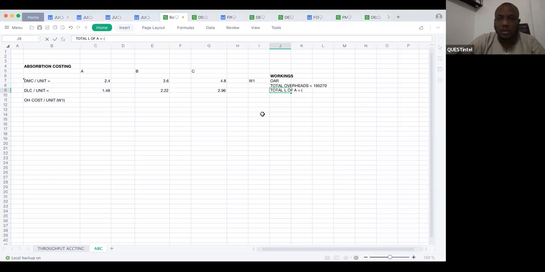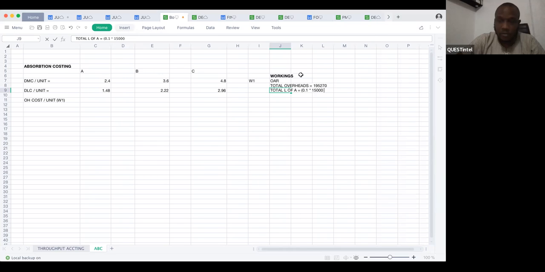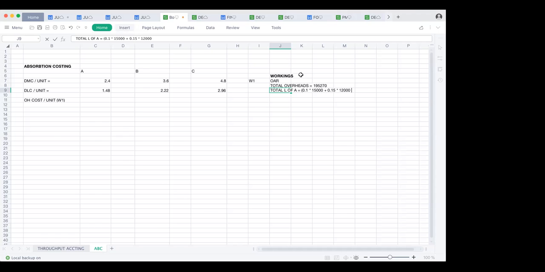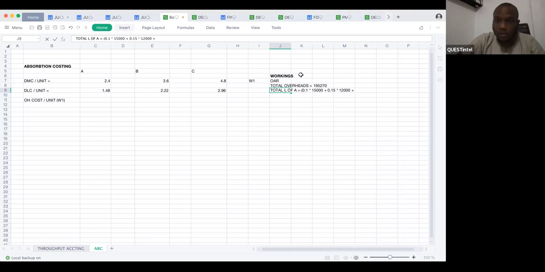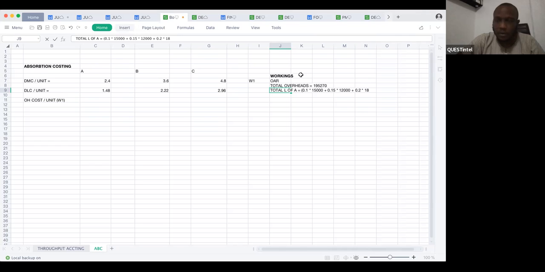Okay. So A is 0.1 multiplied by 15,000, plus 0.15 multiplied by 12,000, plus 0.2 multiplied by 18,000.